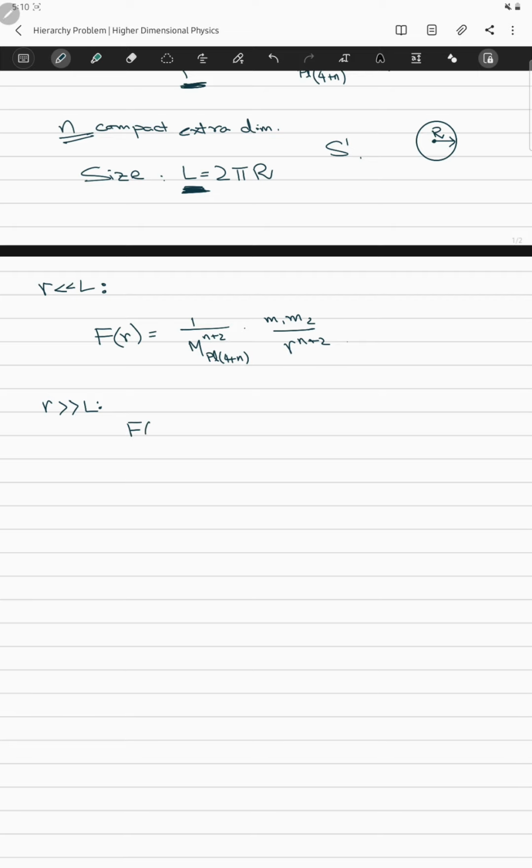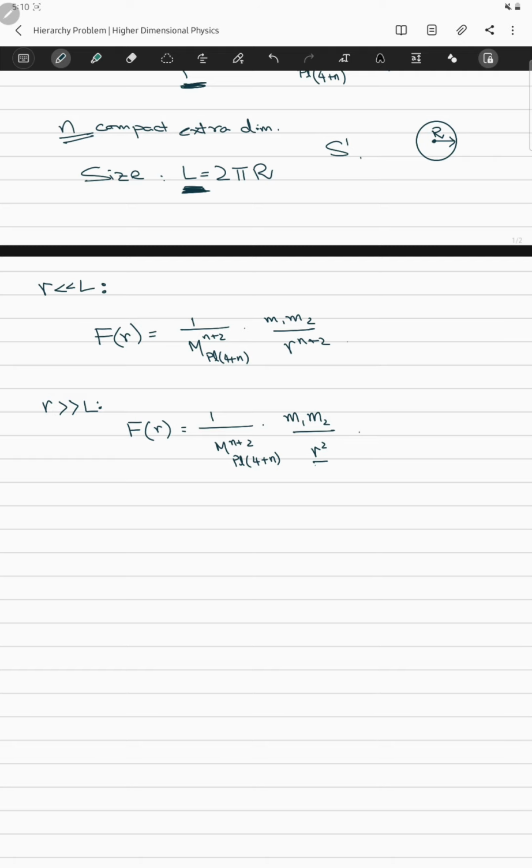Then you'll have your Newton's law written as 1 over M^(n+2), Planck length in 4 plus n, times m1 m2 over r squared.